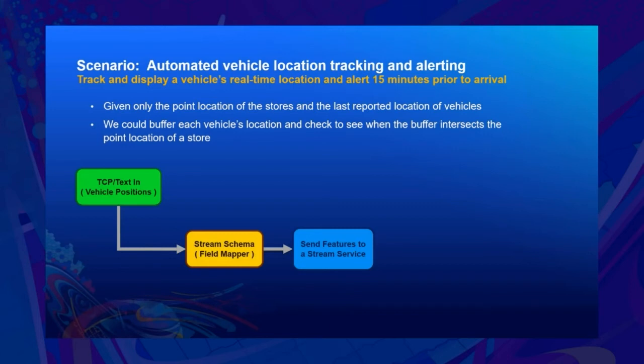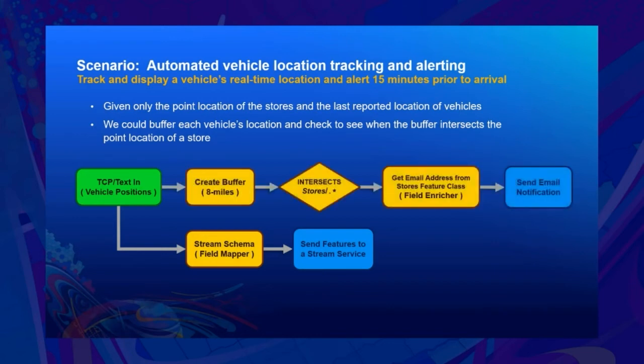There are several different ways we might think about processing the event data to produce alerts. If we were to import the point geometry modeling the half-dozen store locations into GeoEvent Server as geofences, we could use filtering to determine if or when a vehicle's location intersects a store's location.